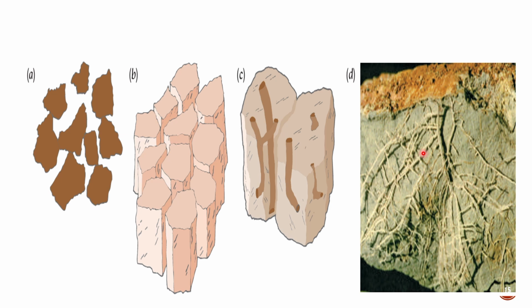The next picture is of a plant root. The plant root didn't penetrate through, because the structure or this bed is very hard. So the plant roots will concentrate on the surface only. So this is all about the total porosity.